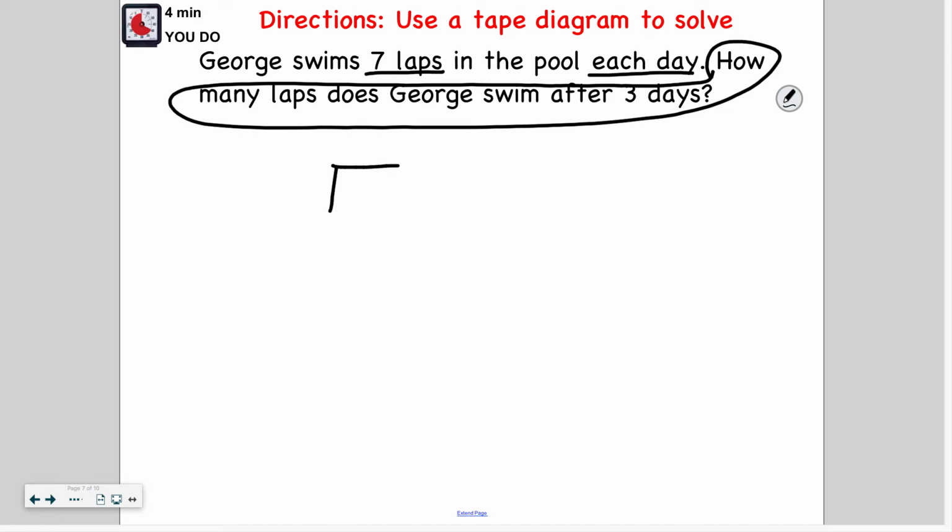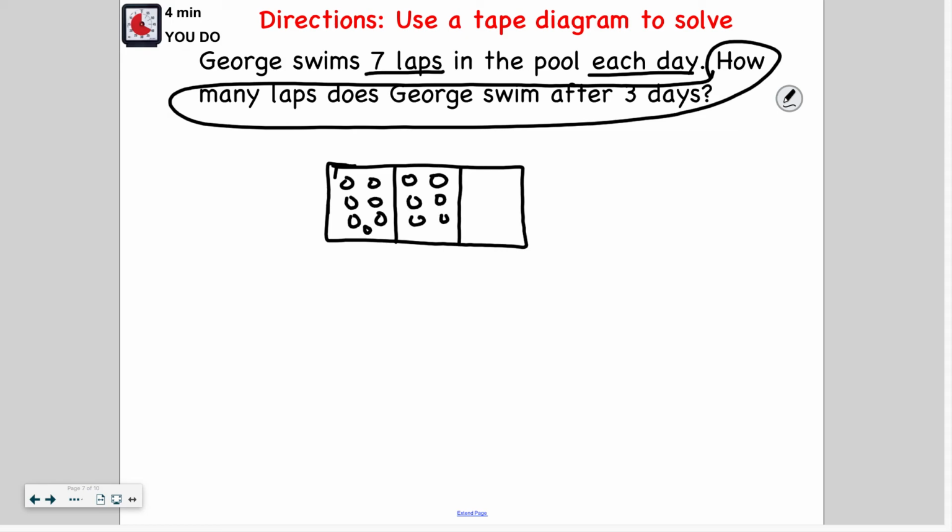All right, let's go ahead and start with our tape diagram. In this problem, there were actually 3 groups because he's doing the laps every day, and we're trying to figure out how much that would be after 3 days. So that's 3 groups, and each day, he does 7 laps. I'm going to fill in 7 in each.